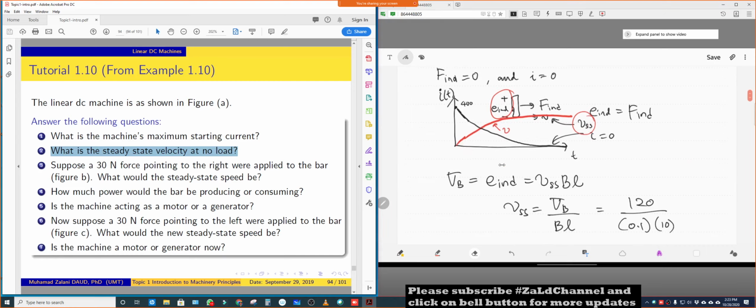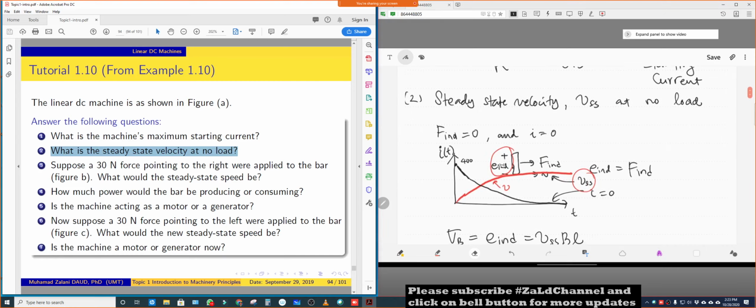All right. So now we want to find the steady state speed.